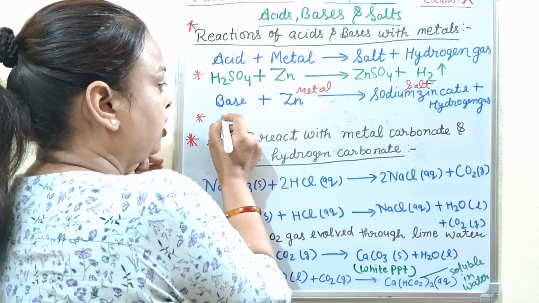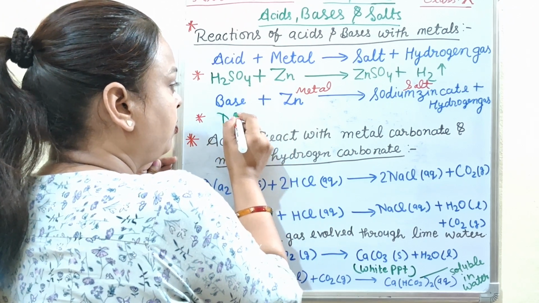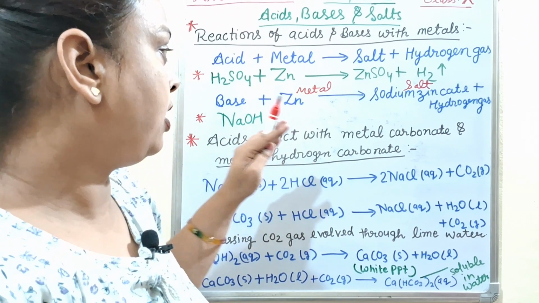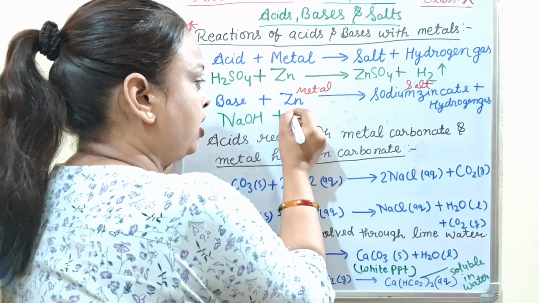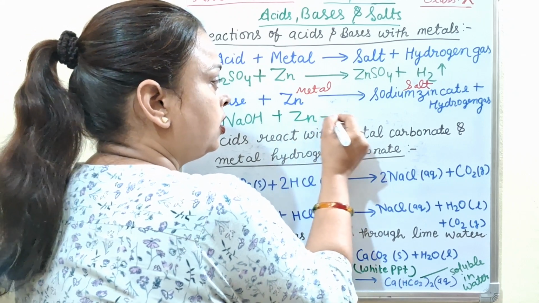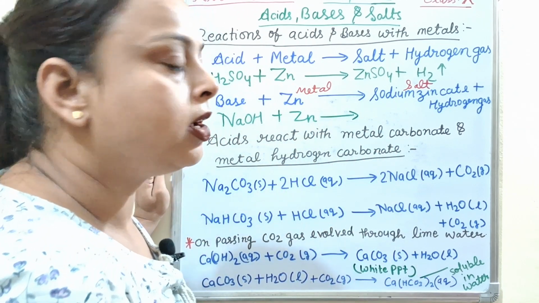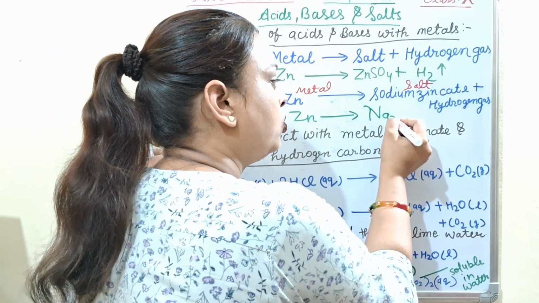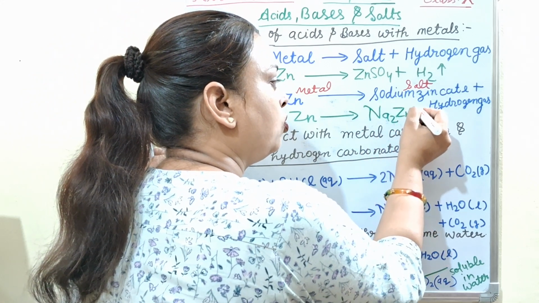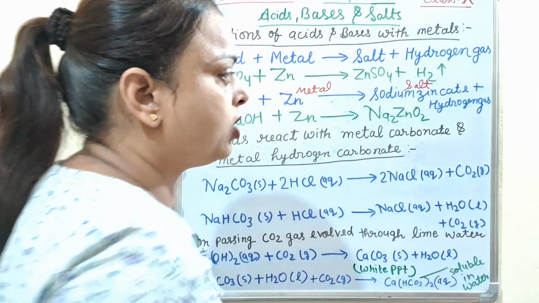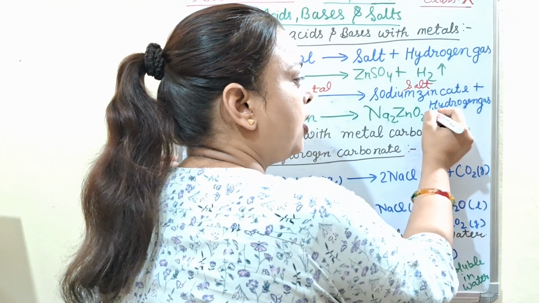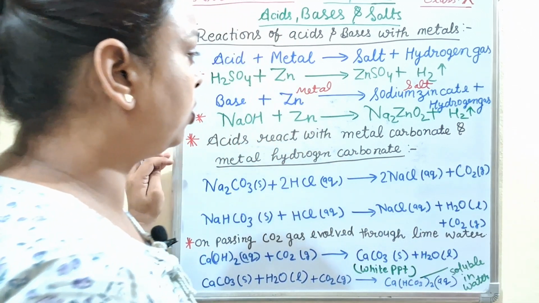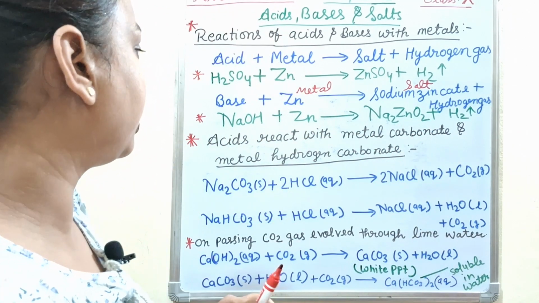Here we take the base NaOH, and zinc is the metal. Then it forms sodium zincate. The formula of sodium zincate is Na2ZnO2. This is sodium zincate, plus hydrogen gas is eliminated.